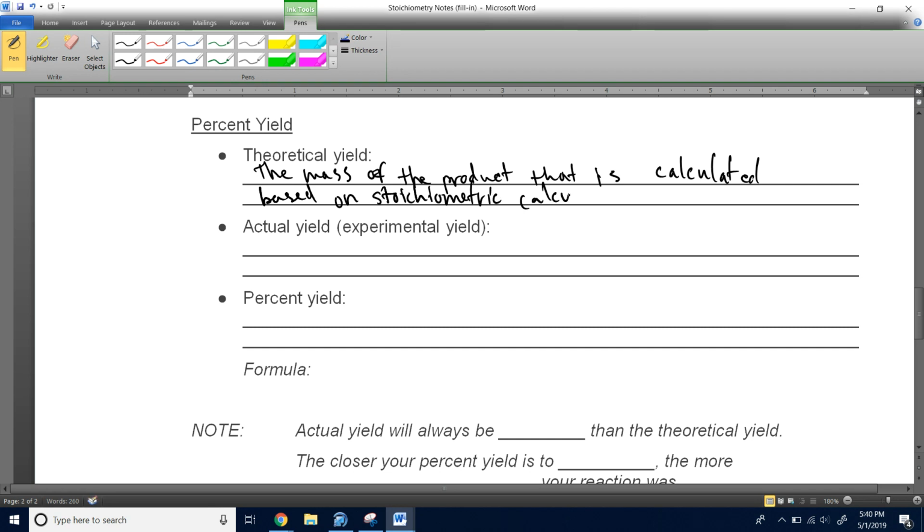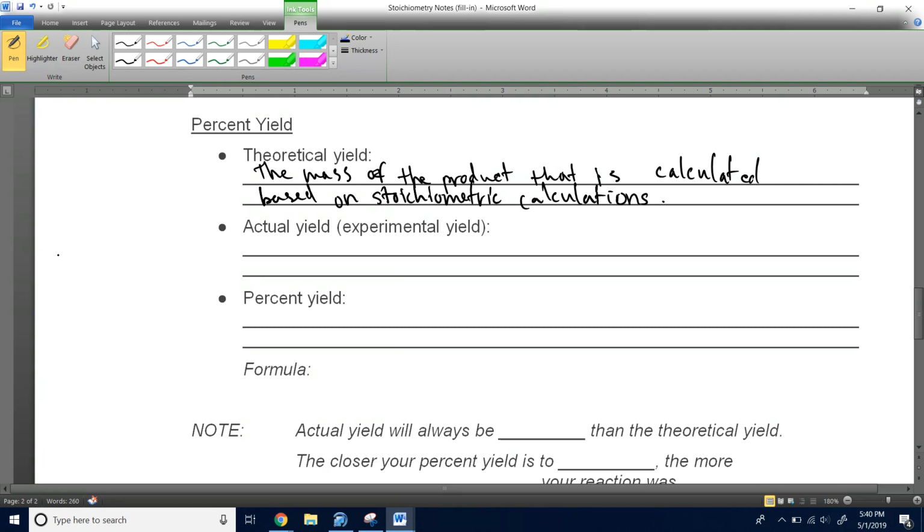So they do the calculation of figuring out how much product they could potentially receive in a reaction, and they use that as a starting point for their yield.